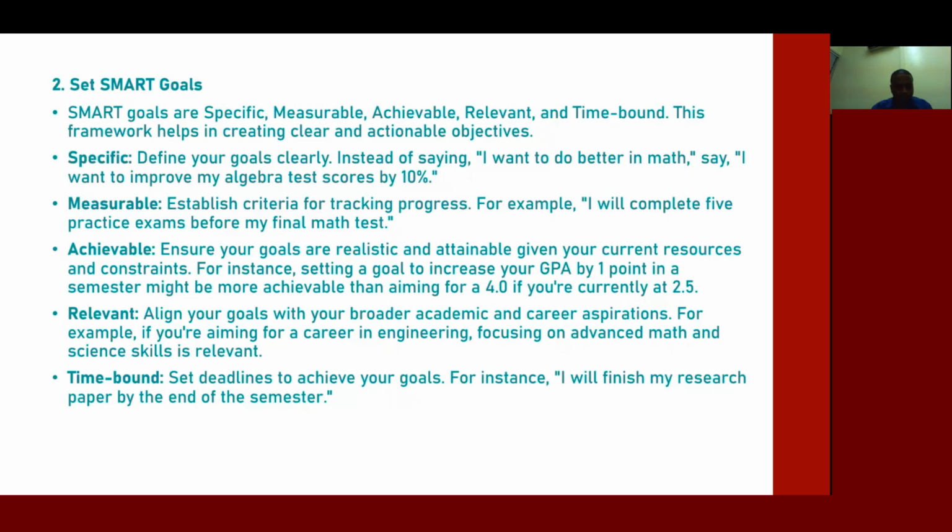Then we should set SMART goals that are achievable. Sometimes we should not aim too high where we cannot attain. So it's good to have something that we can achieve, and this can be based on where we are at the moment. Depending on the level that you are in academically, you can set slightly higher than that.